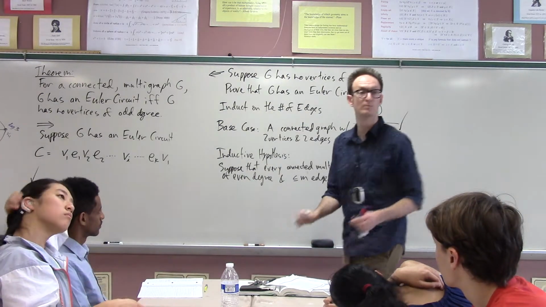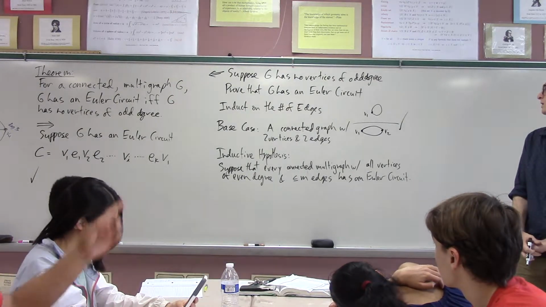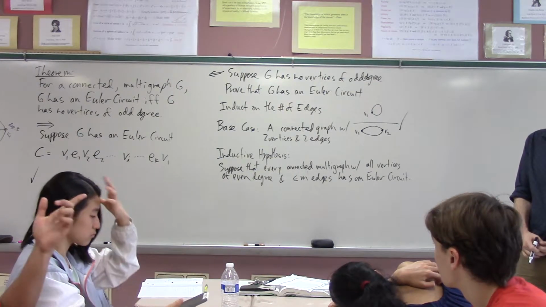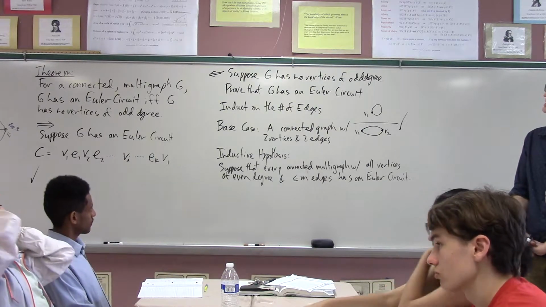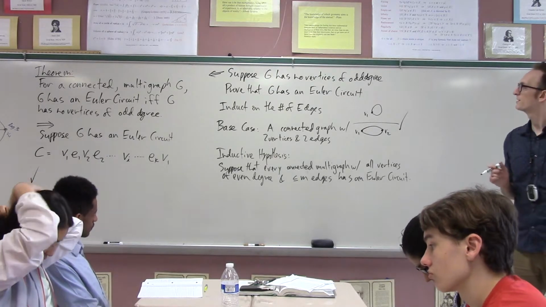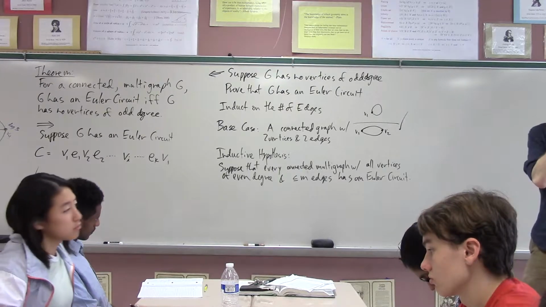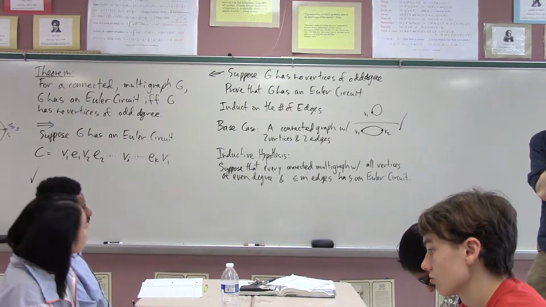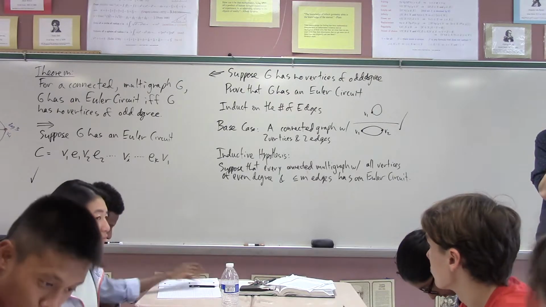Wait. So this assumes that you can form a graph with all even degree vertices with any number of edges. No, I don't think it does. I think the theorem is that if you have a graph where all the vertices are... Because you're trying to prove for m plus 1. So what's the problem?